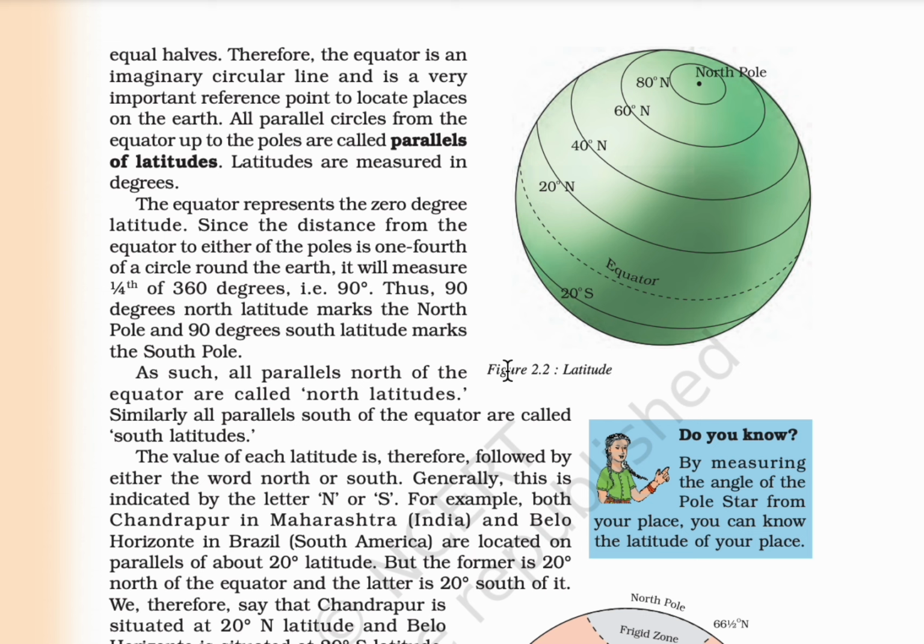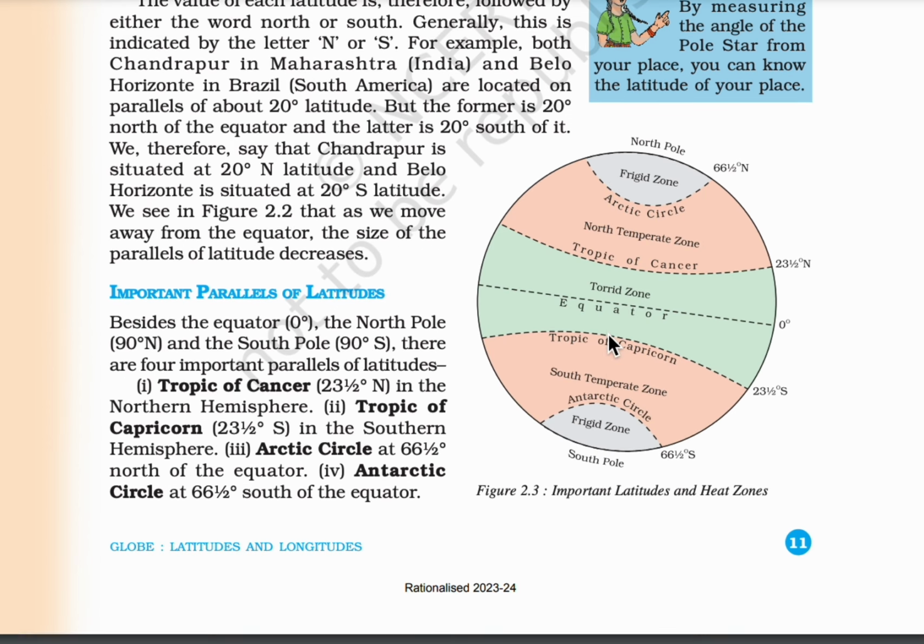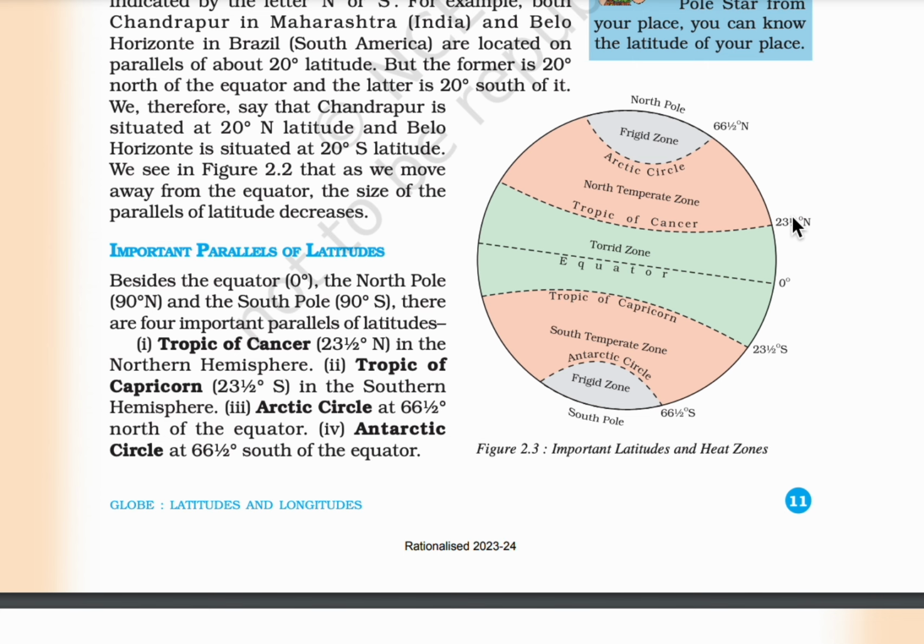Coming to the latitudes topic, the equator is 0 degree latitude, the north pole is 90 degrees north latitude, and the south pole is 90 degrees south latitude. Some other important latitudes are: 23.5 degrees north latitude, also called the Tropic of Cancer; 23.5 degrees south latitude, also called the Tropic of Capricorn; 66.5 degrees north latitude is called the Arctic Circle; and 66.5 degrees south latitude is called the Antarctic Circle.